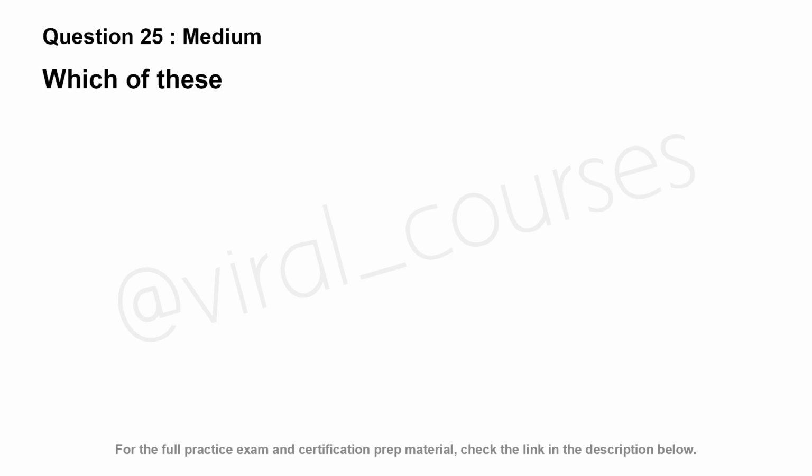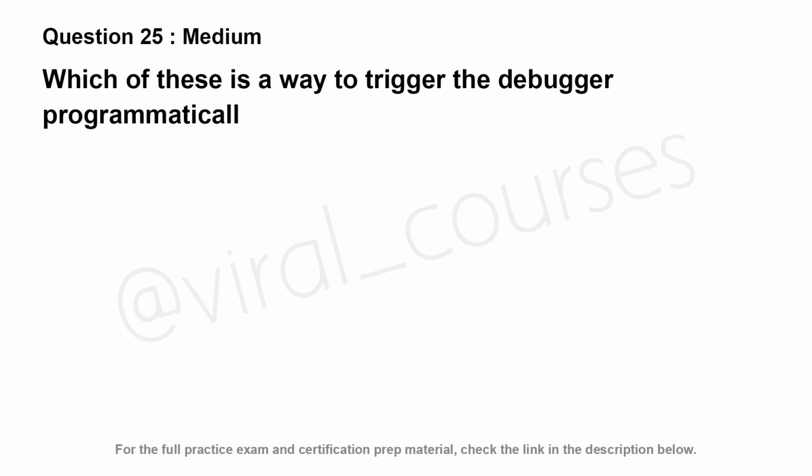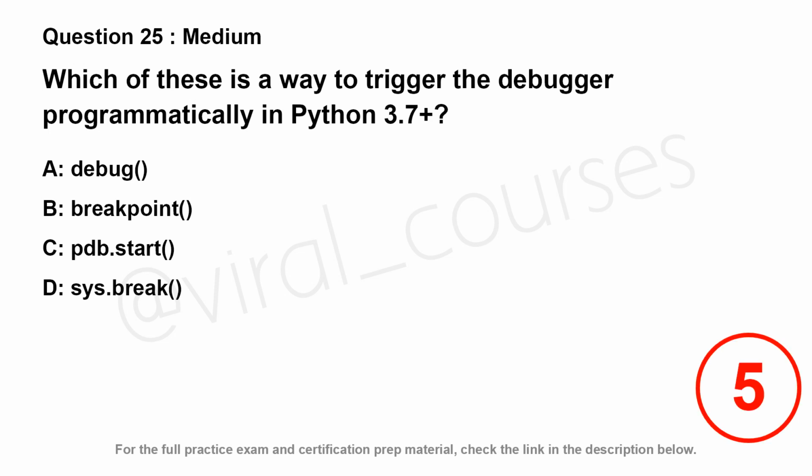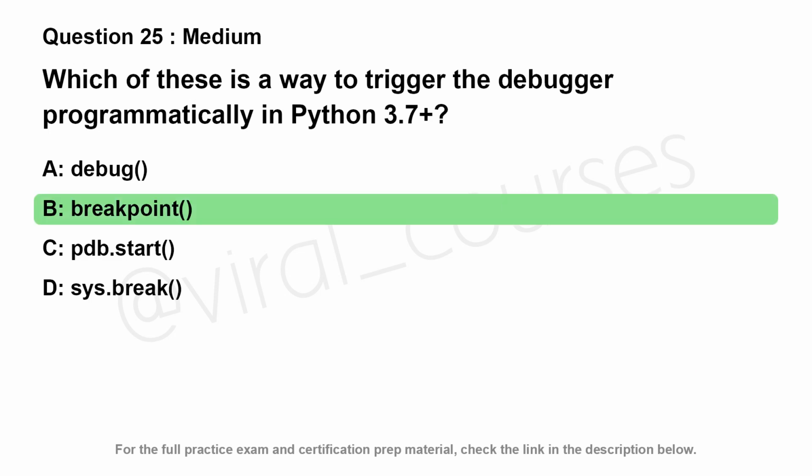Which of these is a way to trigger the debugger programmatically in Python 3.7+? Option A, debug. Option B, breakpoint. Option C, pdb.start. Option D, sys.break. The correct answer is B. Python 3.7 introduced the built-in breakpoint function.